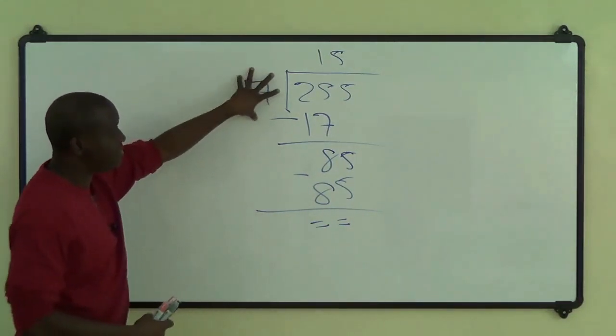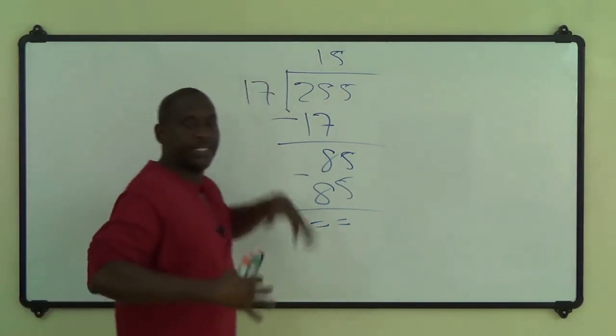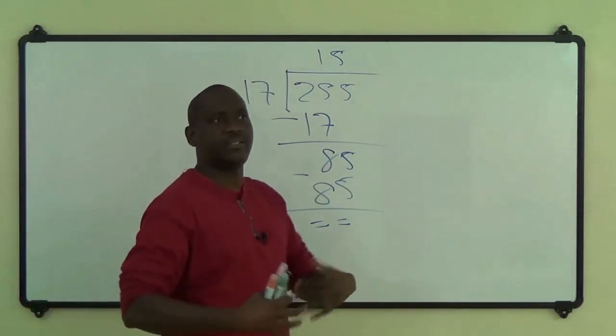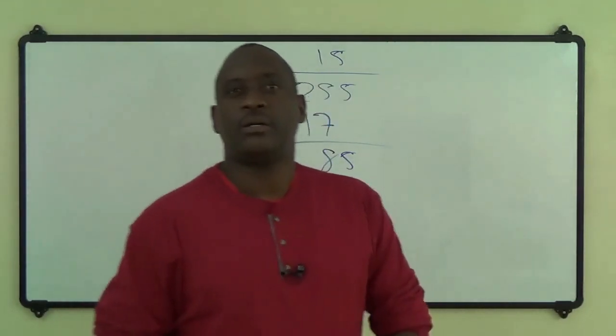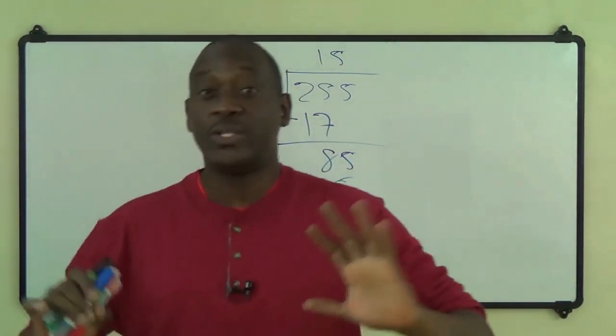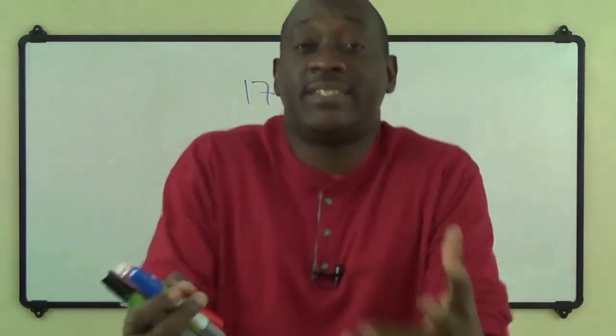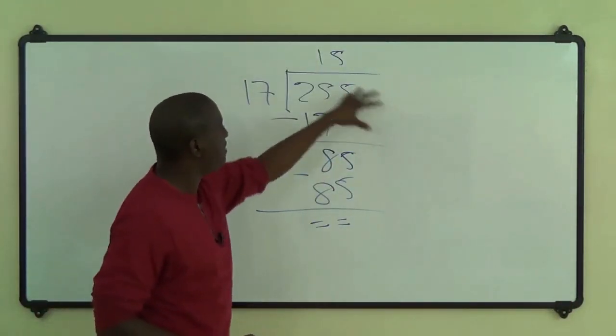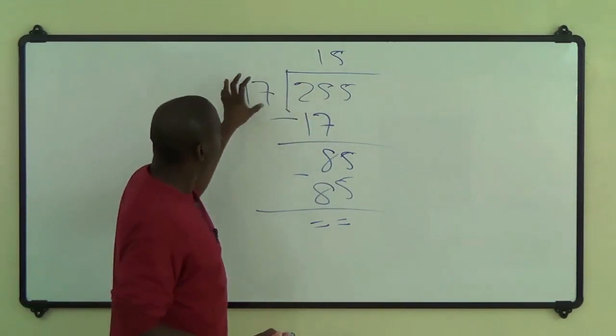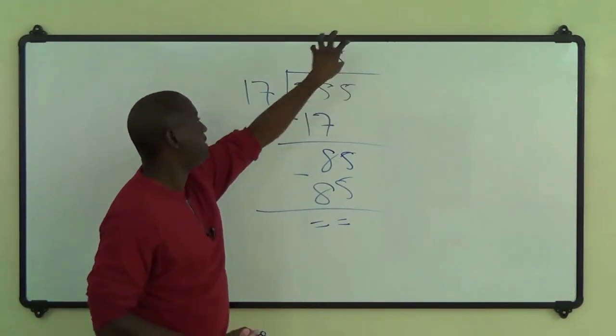This here is your divisor, the verb, the divisor. No, divisor is a noun. In fact, all three are nouns, but divisor implies that it is doing something. So the divisor is the thing that is dividing. The dividend is the thing that you are dividing into. So you divide the divisor into the dividend to give you a quotient.